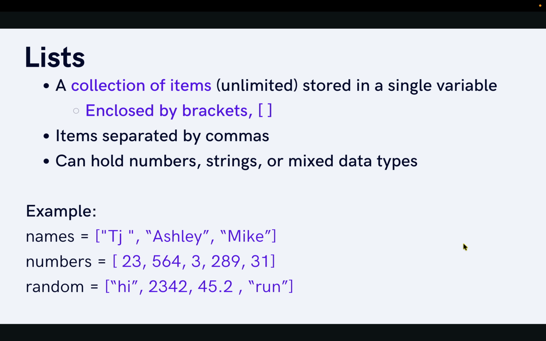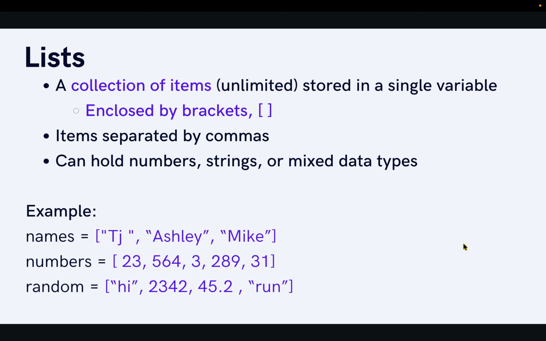How do we know that? Because on the other side of the equal sign they have various items, but they are all enclosed in brackets. The first one is saying that we have a list of names: TJ, Ashley, and Mike. Again, you can have as many as you want. You can even have one name in there. Once the brackets are there, it tells your code that it is a list and it's going to treat it as such. Same with your numbers.